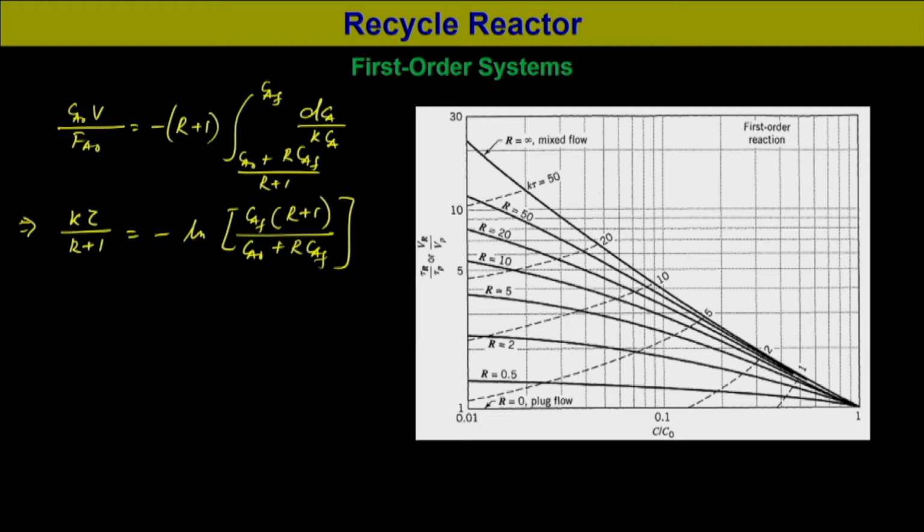So, this is nothing but k tau by (R plus 1) equal to ln of (CA0 plus R CAF) divided by CAF into (R plus 1).